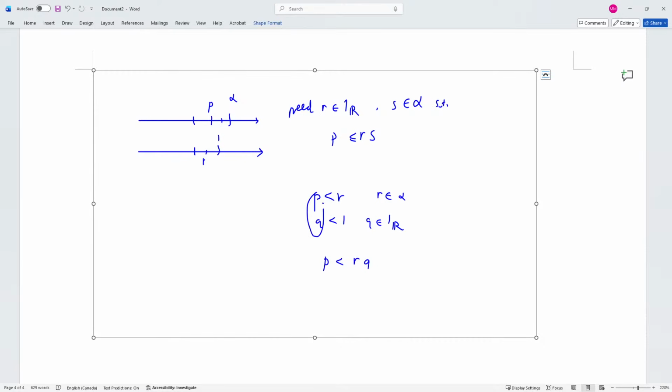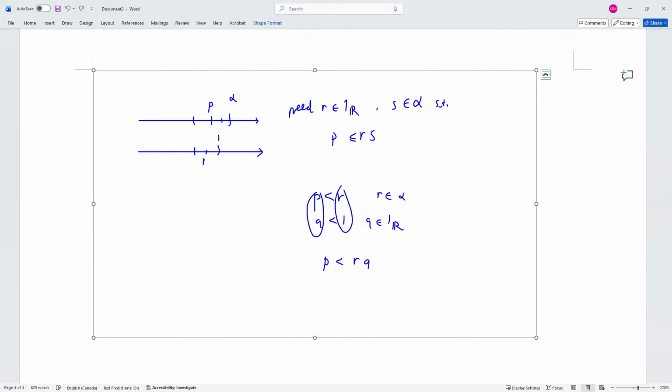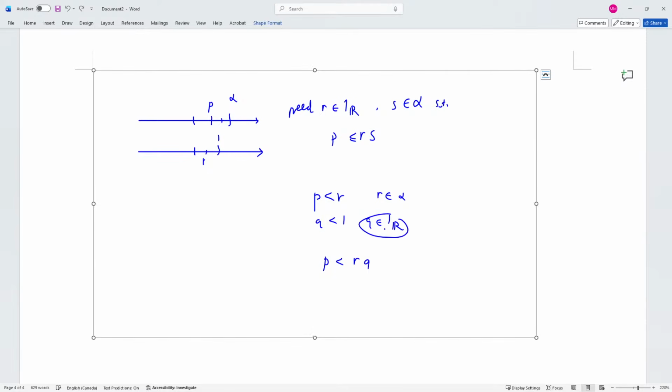You have P times Q is less than R, but not P less than R times Q. If you just pick an arbitrary Q in 1R, it might not necessarily have this relation we want.